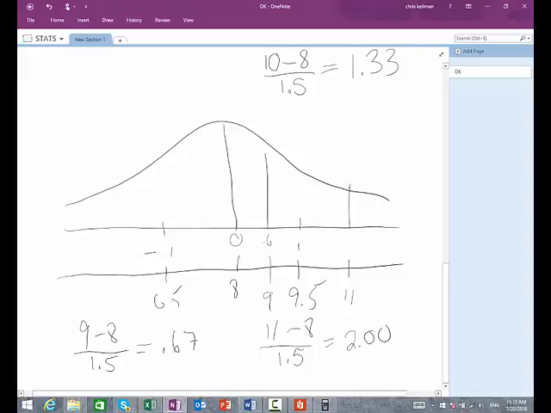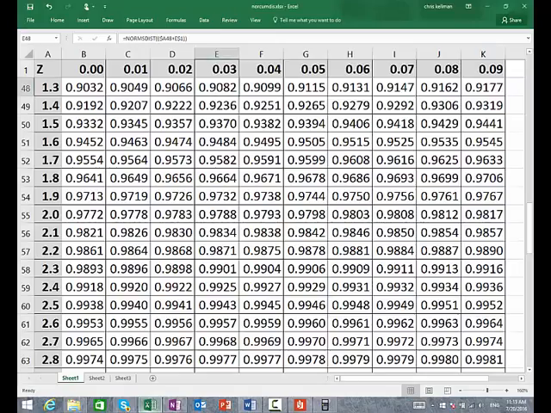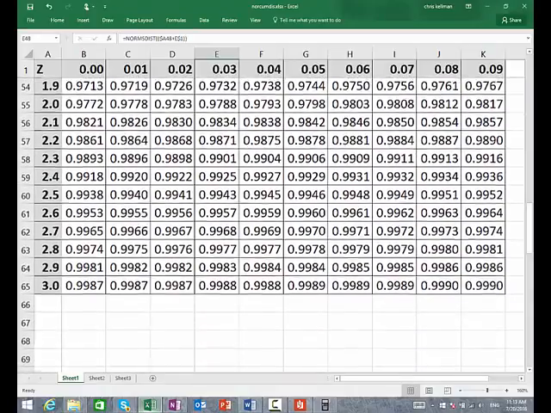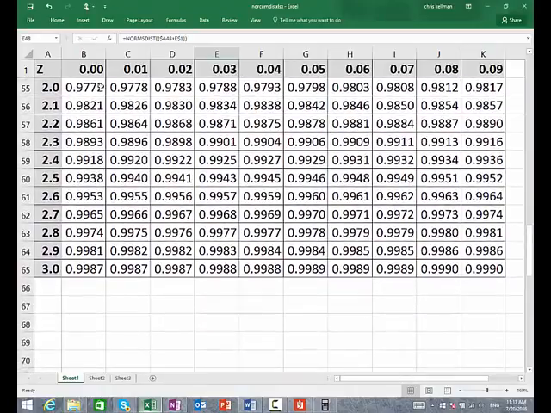And if we look up here, this is now 0.67, and this is now 2.00, and the area we're looking for is that area I've so neatly shaded. So the first thing we'll do is look up 2. So 2.00, and there it is, 0.9772 there in the corner.